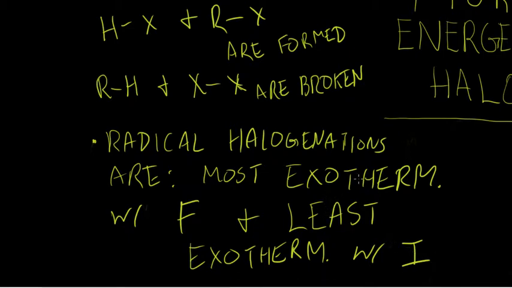So we'll actually be taking a look at more examples of these reactions in future videos. And the reactivity of these, so the reaction with fluorine is the most reactive, and with iodine is the least reactive. The reactivity has some implication in terms of selectivity as well, and that selectivity relates to which hydrogen is abstracted.